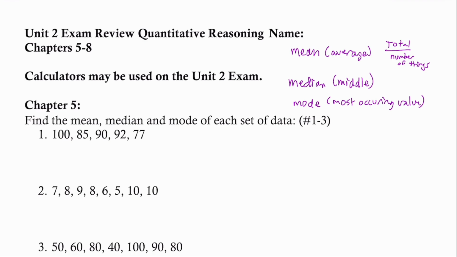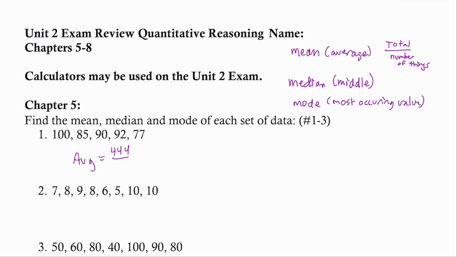So let's do these here. First, to find the average of number 1, we're going to total up 85, 90, 92, 77, and 100. So the total is 444.